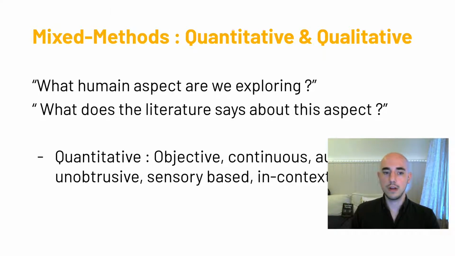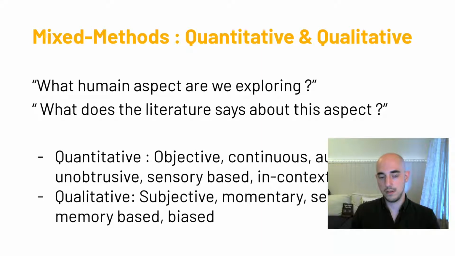And you have the qualitative part of the method, which is subjective, momentary, self-reported by the user, which is of course biased in some way, and the memory of the study participant can also be an issue, meaning that each data point that you collect with qualitative methods has to be carefully observed, to be sure that you want to include it in your dataset and in your analysis later.